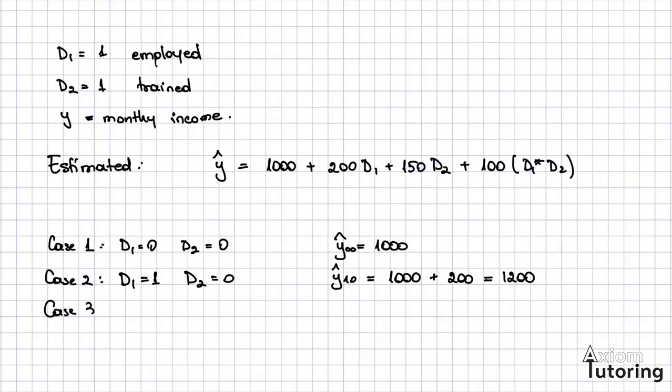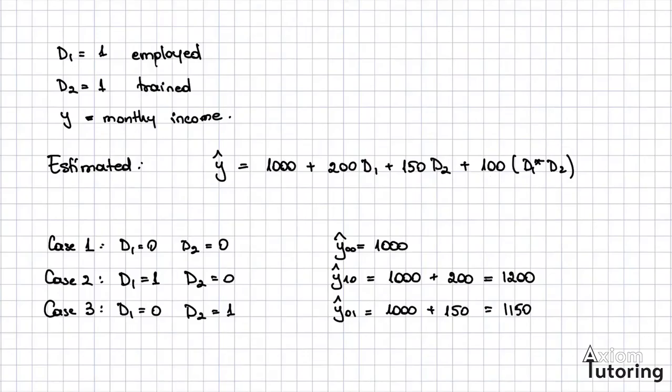Let's look at case 3, where we have D1 equals 0 and D2 equals 1. So this is Y hat 0, 1. Now in this case, it's D1 that's 0. So this is 0, and again, this is 0. So what you're left with is just 1000 plus 150, which means 1150.